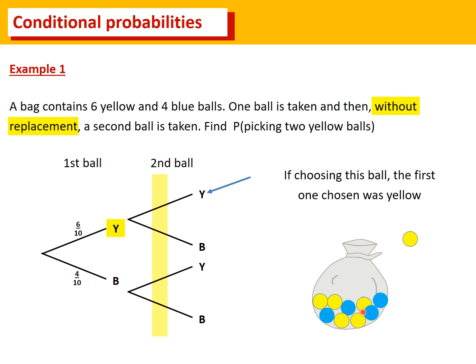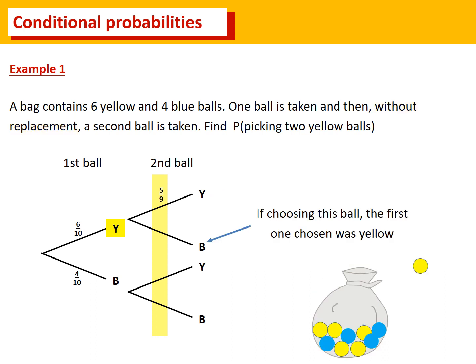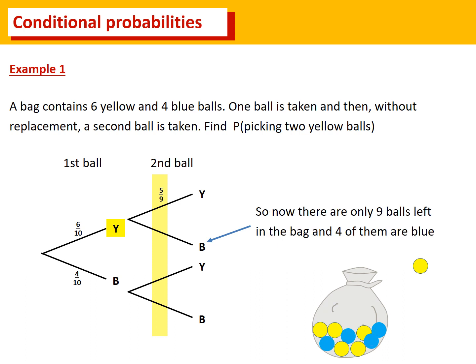So there are 5 yellow balls out of a total of 9, and therefore our probability of getting a yellow with a second ball is 5 out of 9. In the same way, the probability of choosing a blue ball, having previously selected a yellow, we look in the bag, there are 1, 2, 3, 4 blue balls left out of 9, so that gives us a probability of 4 out of 9.